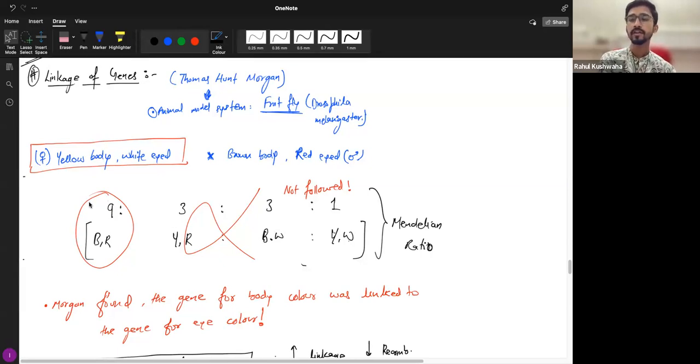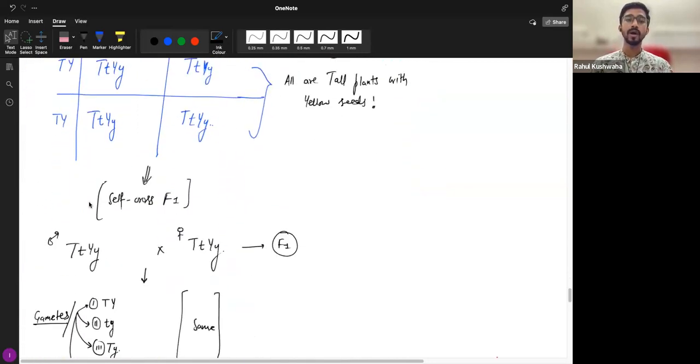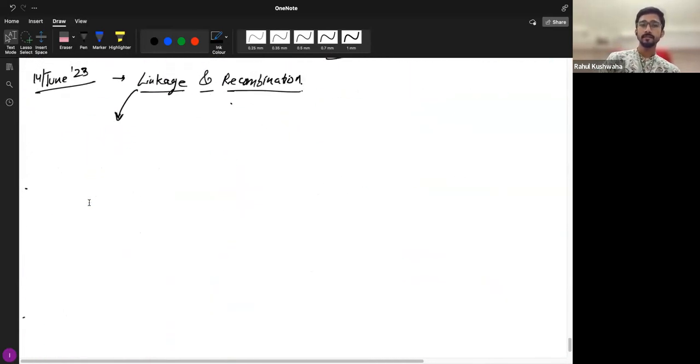When two genes are physically present very close to each other on the chromosome, on the DNA thread, then they are called physically associated genes. And the chances of these genes to segregate and form recombinants is very low. So the higher the linkage, the lower the recombination. In today's class, I'll tell you why and how this happens.